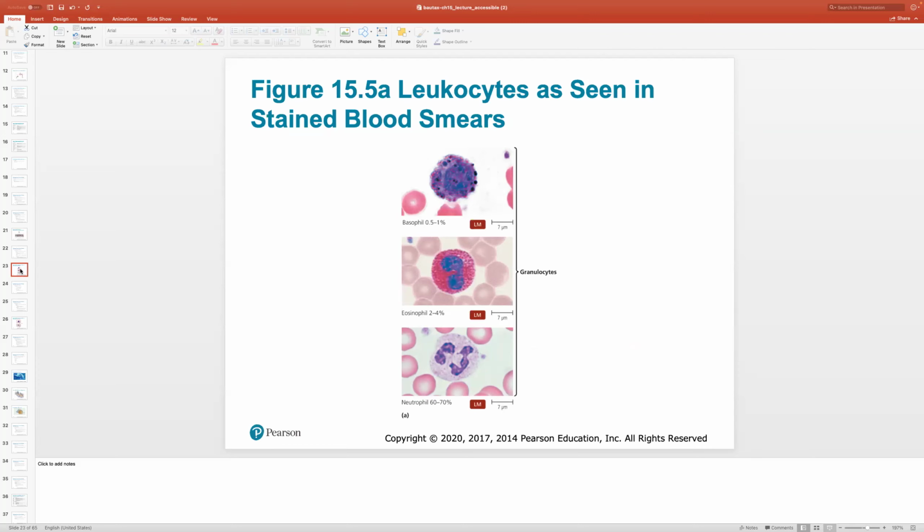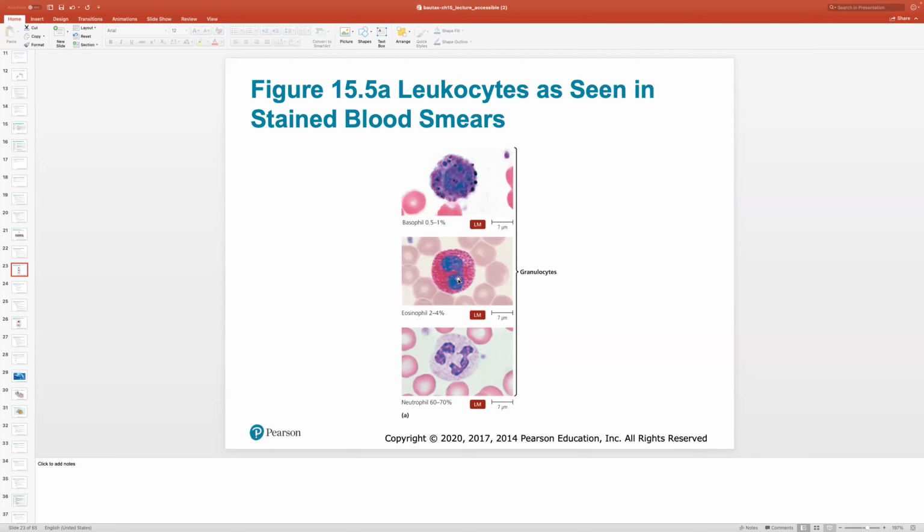The granulocytes have three types: the basophils, they stain blue, and eosinophils, they stain red orange, and then the neutrophils, they stain lilac with a mix of basic and acidic dyes. In all cases, the nucleus is seen as blue, and you can see that the nucleus is lobed. Okay, these are unusual nuclei appearances.